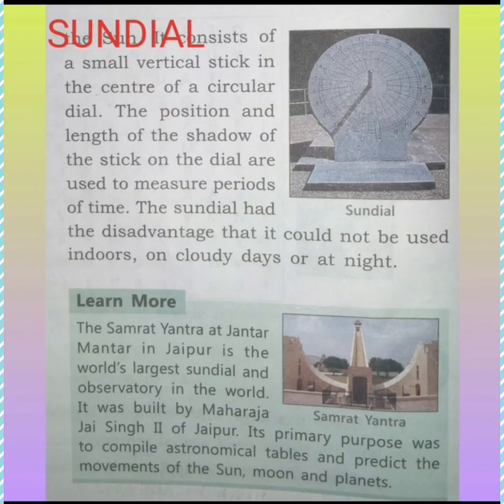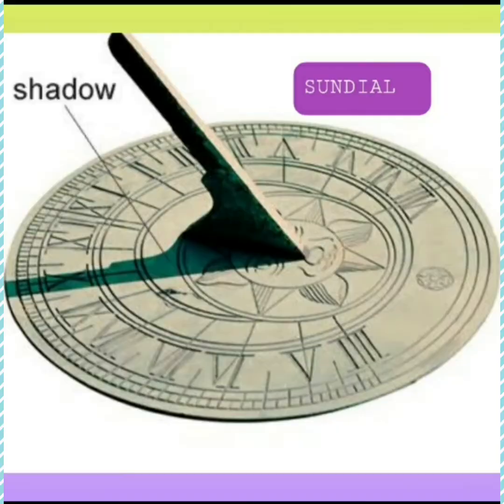A sundial consists of a circular plate with a small vertical stick in the center and markings. You can see the stick here and some of the markings here. It tells the time of the day using the motion of the sun and is placed outside such that the sunlight directly falls on it.